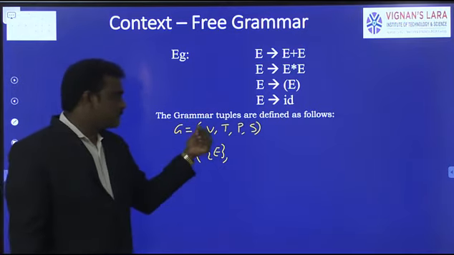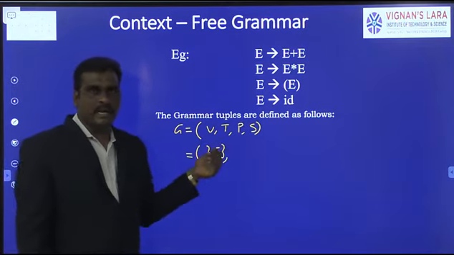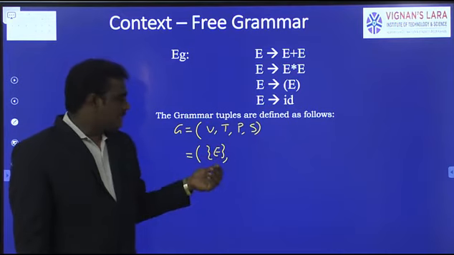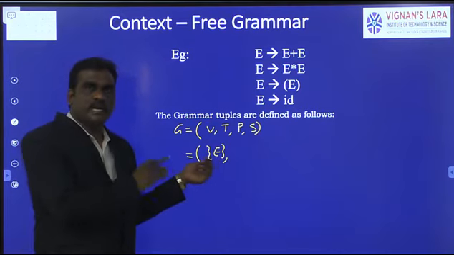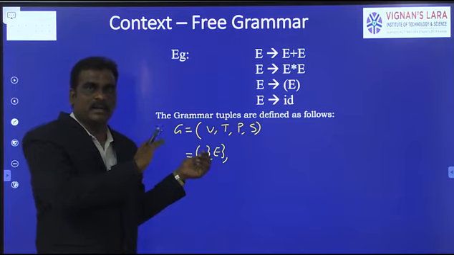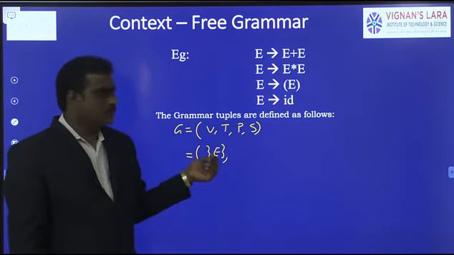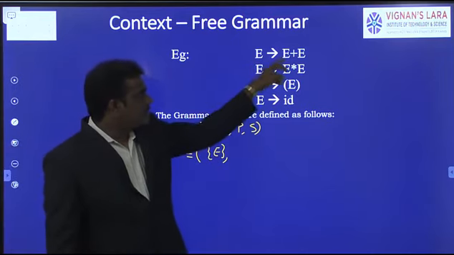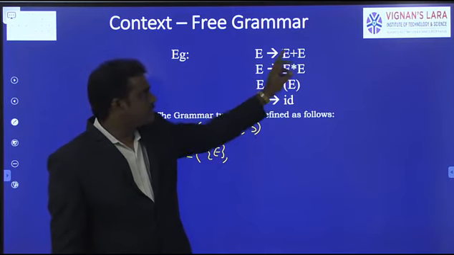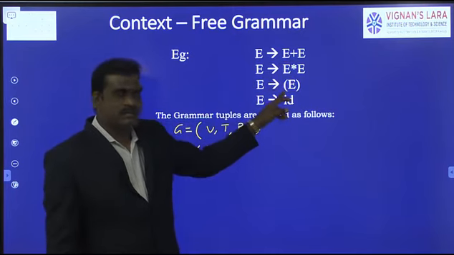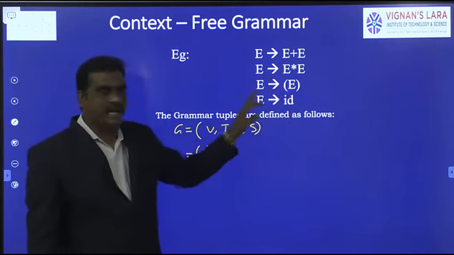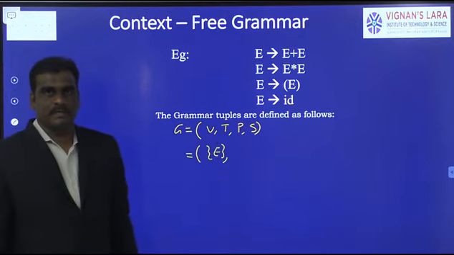The first tuple is variable. We have already identified the tuples. So except E, the remaining symbols, whatever they are, remaining all are terminals only. For example, E is a non-terminal. Next one, plus, star, open parenthesis, closed parenthesis, and then ID. All are terminals only.